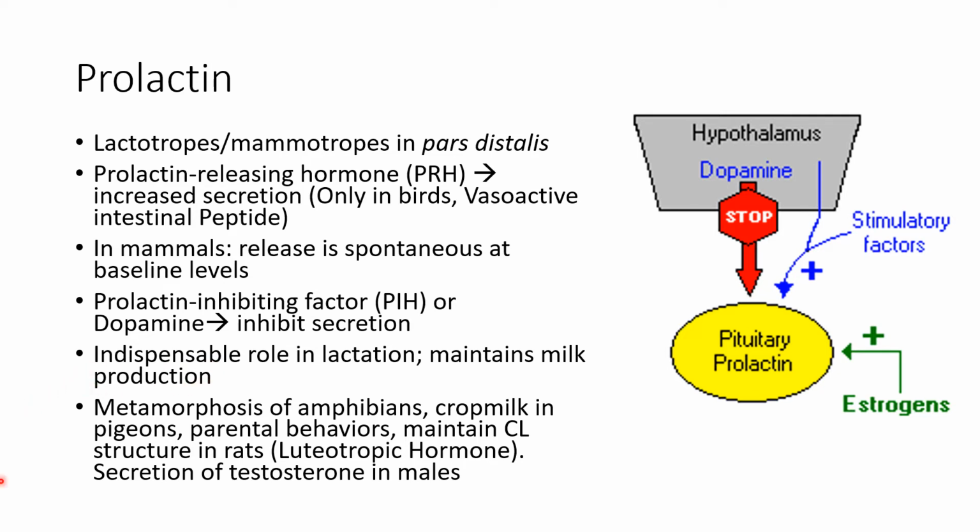However, in other groups of animals, it has a lot of roles too. It is involved in the metamorphosis of amphibians, the secretion of crop milk in pigeons, maintenance of parental behaviors in a lot of animals, and maintenance of your corpus luteum in rats. The other name of prolactin in rats is luteotropic hormone because it maintains their corpus luteum, and it is also important in the secretion of testosterone in male rats.